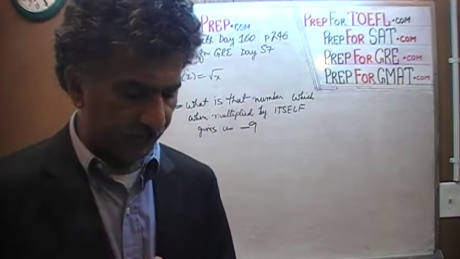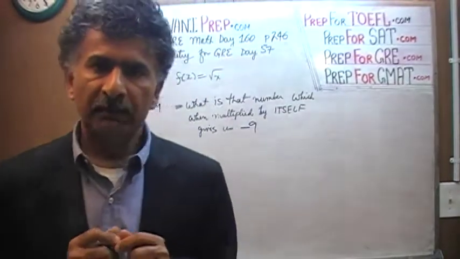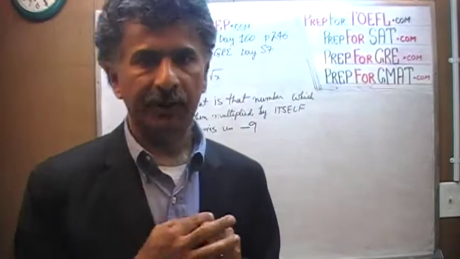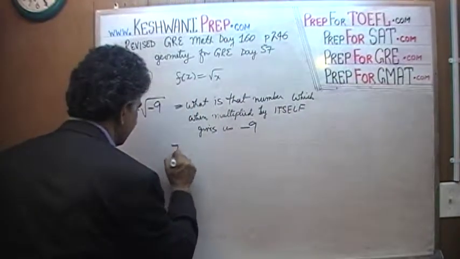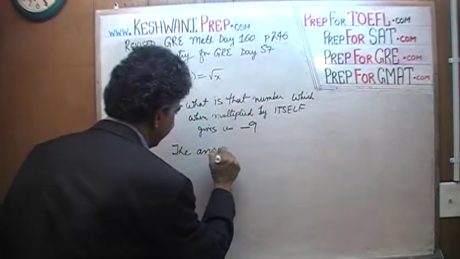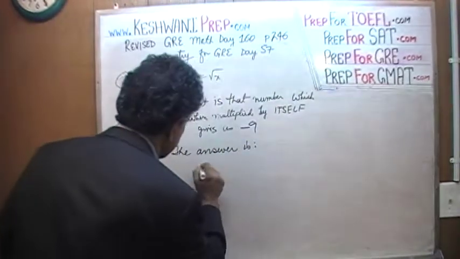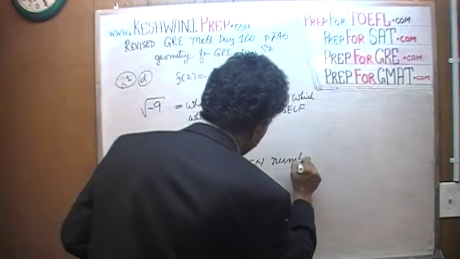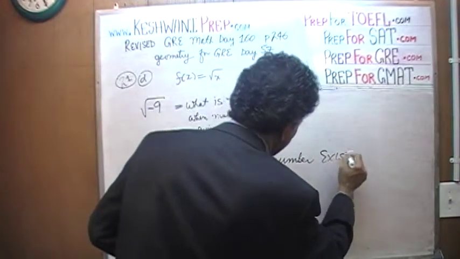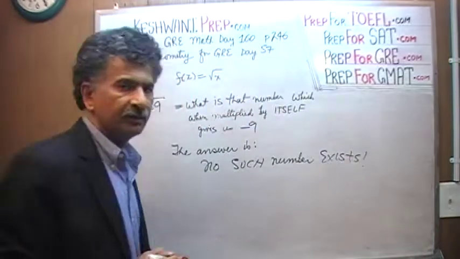Can you think of any number at all which, when multiplied by itself, is going to give us a negative 9? The answer is no such number exists.